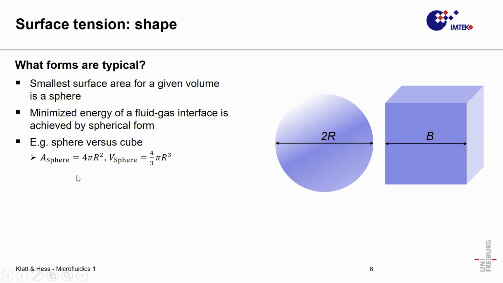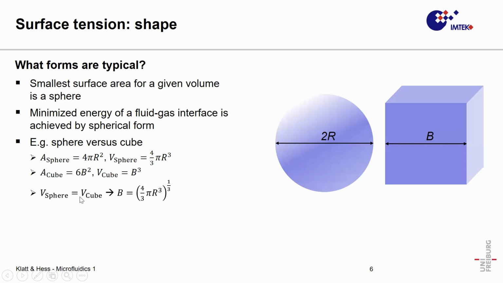Well, first we can calculate the surface of a sphere and the surface of a cube by standard equations. And then we can also calculate the volume of the sphere and the volume of the cube. And now we have 4 equations and only 2 unknowns, because the volume is equal and we want to know which of those surfaces is smaller.